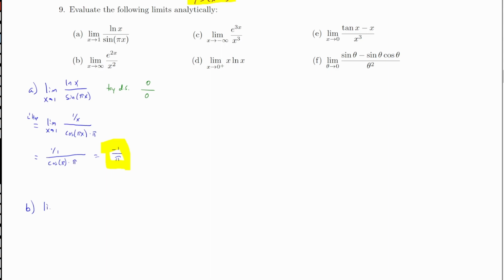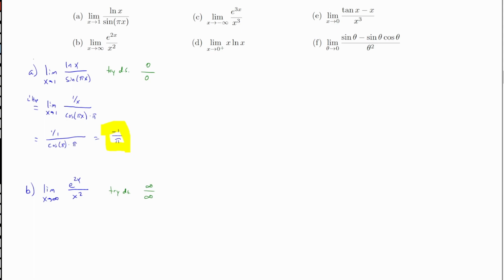Next up, we have the limit as x approaches infinity of e to the 2x all over x squared. I try direct substitution. E to the infinity is infinity. Infinity squared is infinity. We have infinity over infinity. So we have the right form for L'Hopital's rule.